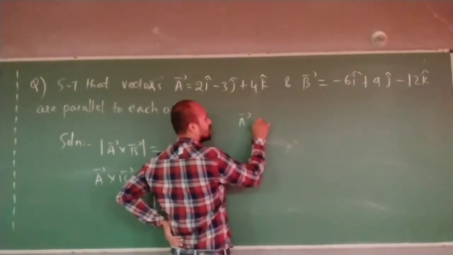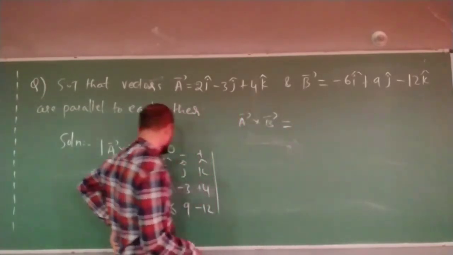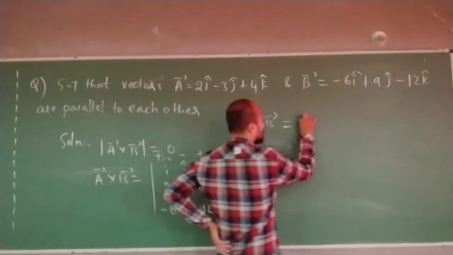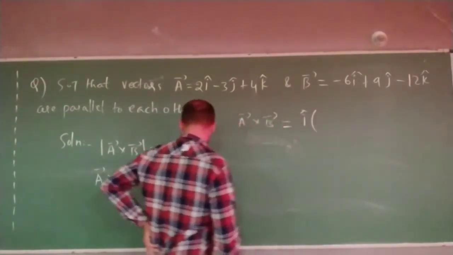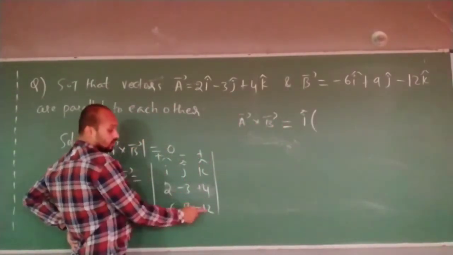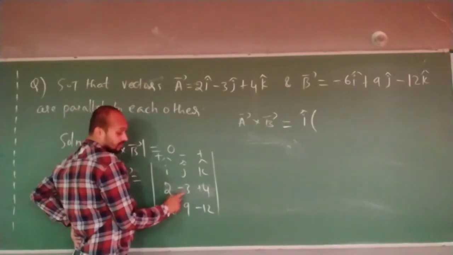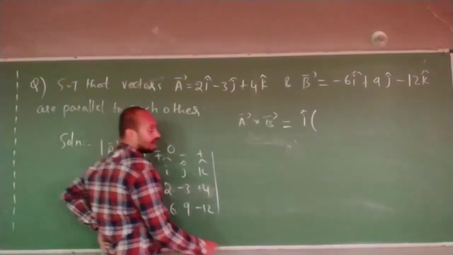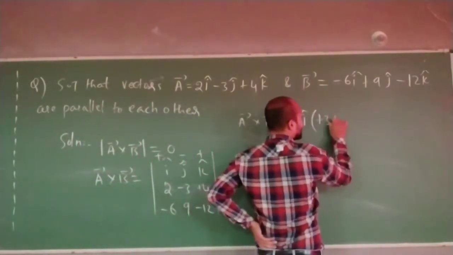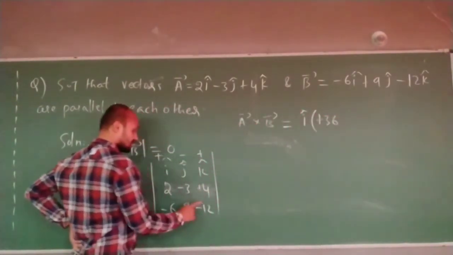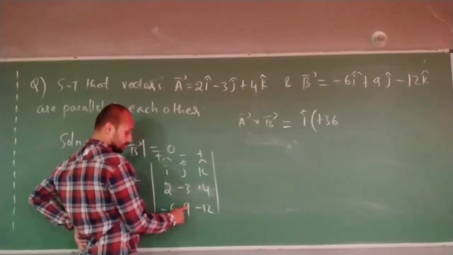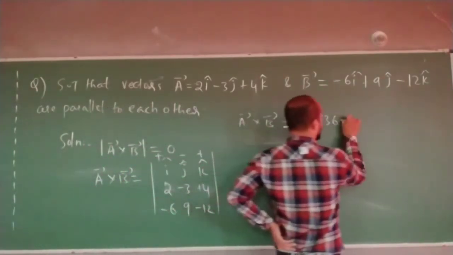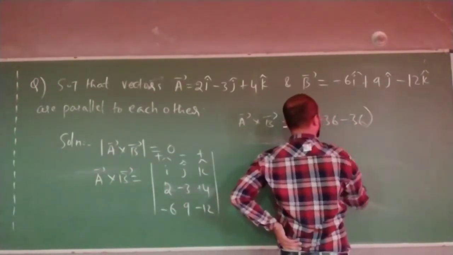A cross B, in terms of vectors, I am going to write i cap into 3 into 12 minus 3 into minus 12. Minus 3 into minus 12 is plus 36. Minus 9 into 4, that is minus 36.